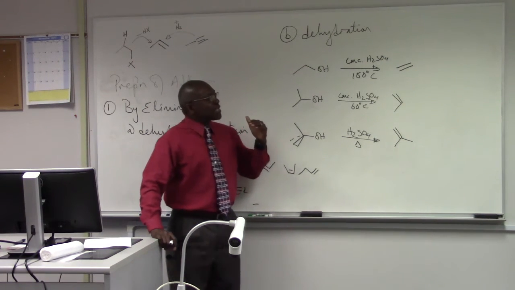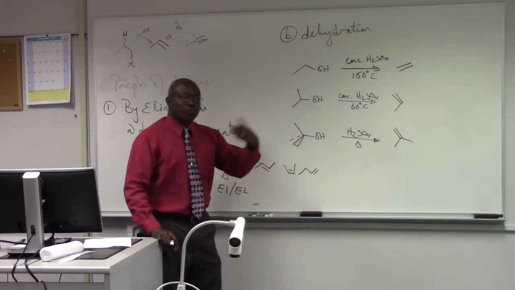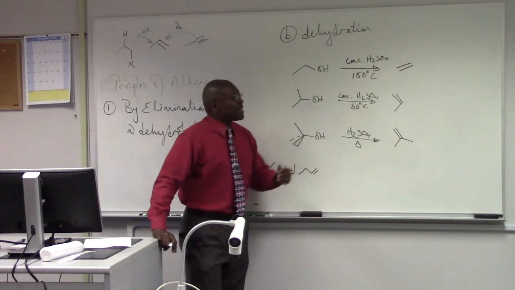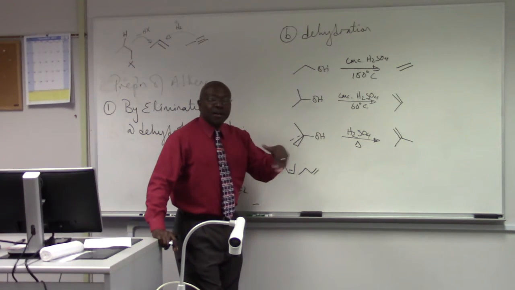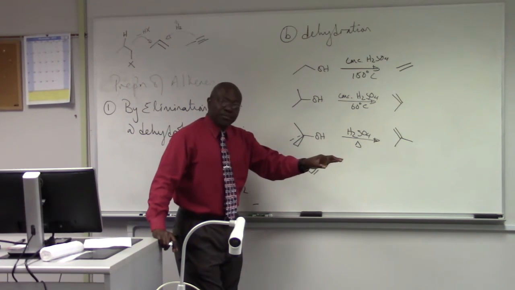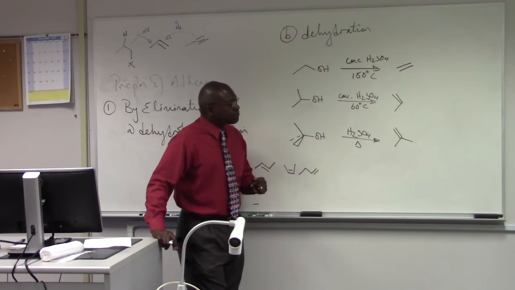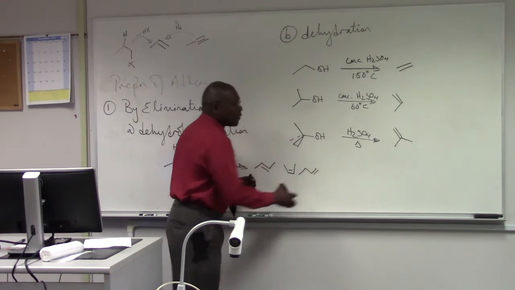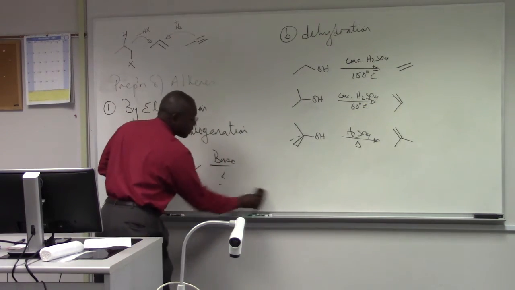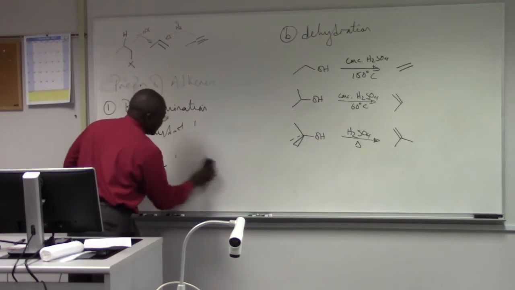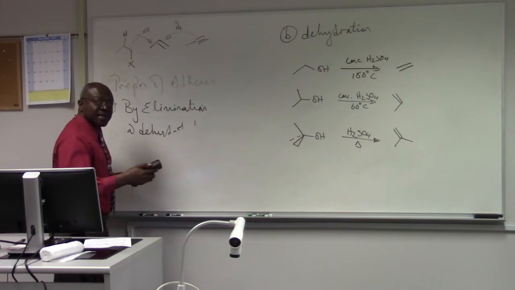So whenever a reaction gets progressively easier as we go primary to secondary to tertiary, that is a strong indicator that the reaction is generating a carbocation in the rate determining step. So let's look at the actual mechanisms for these reactions and see if our hypothesis for the generation of a carbocation is actually valid.